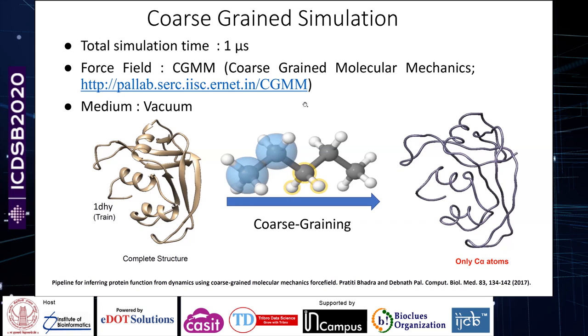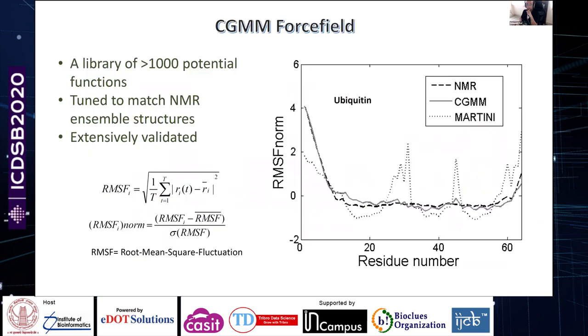So we tried to develop our own force field, which is called the coarse-grained molecular mechanics force field. And Martini was available in those days. So we benchmarked our work against Martini. The work essentially led to building of potential functions, which were more than 1,000 in number.